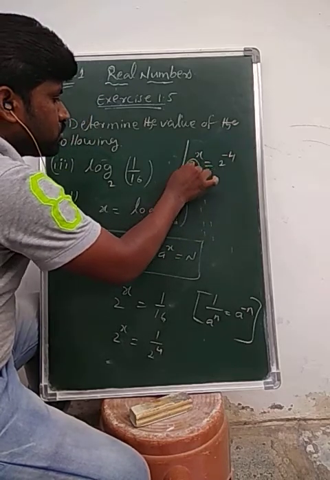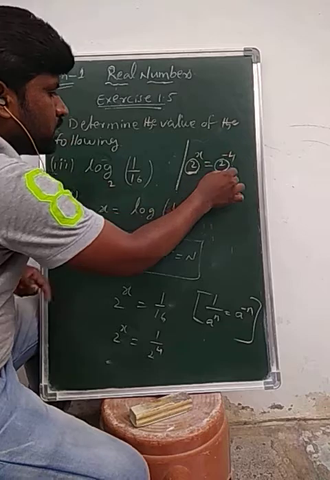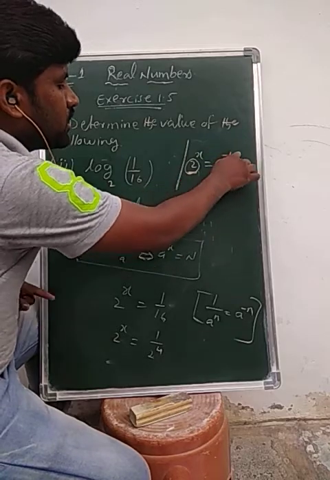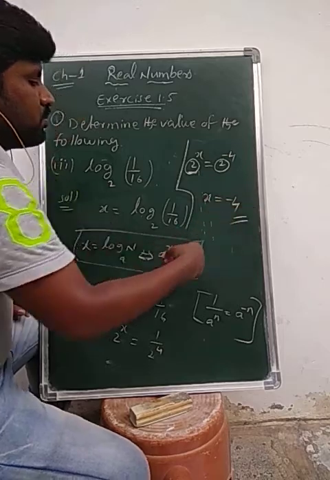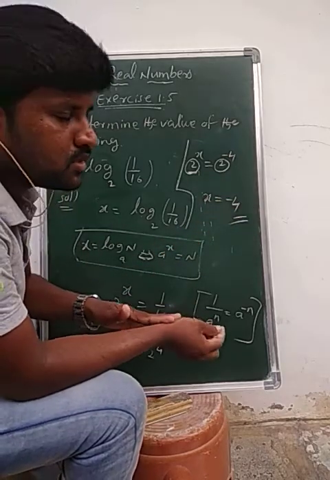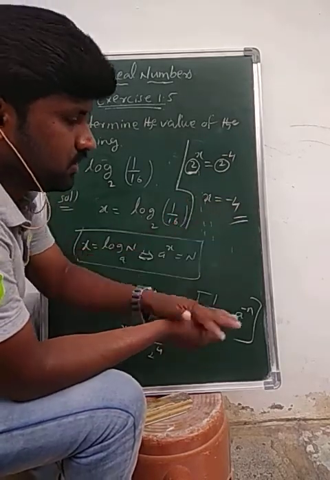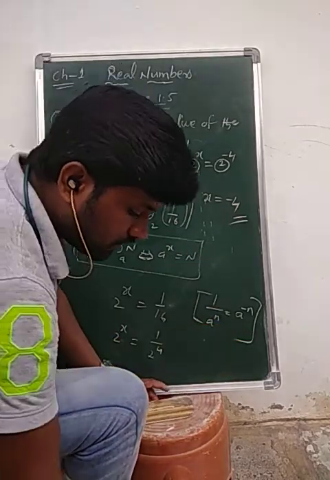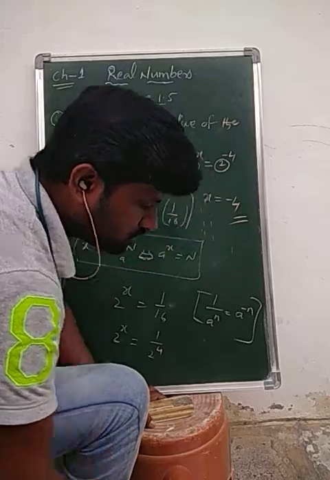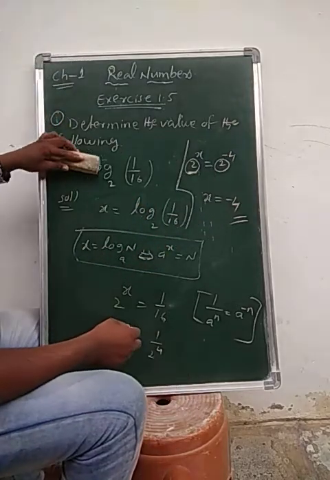Clearly the base is 2 and the base is 2. The bases are equal, then equating the powers we get x is equal to minus 4. Okay? So this is the required answer for this question. Now see one more problem based on this model.